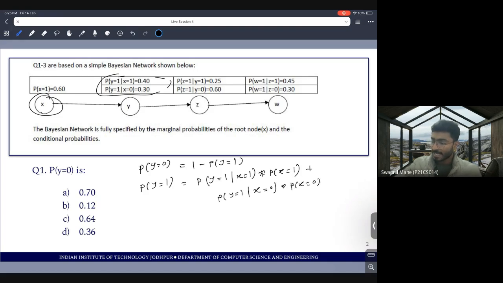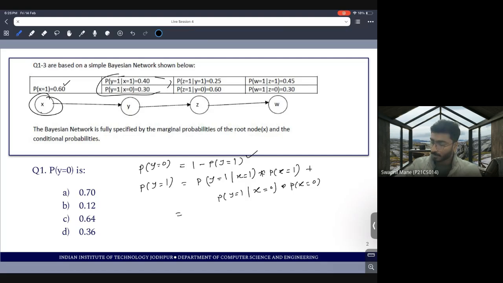You might think that the probability of x is equal to 0 is not given, but we can calculate it, as we did for the probability of y is equal to 0. The question has given the probability of x is equal to 1, so we put the value and subtract it from 1, and then we get the probability of x is equal to 0.